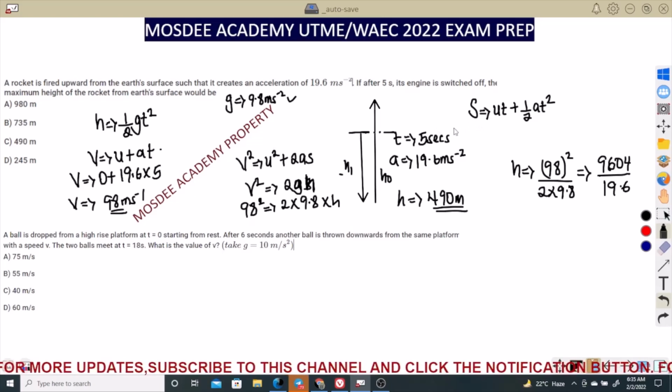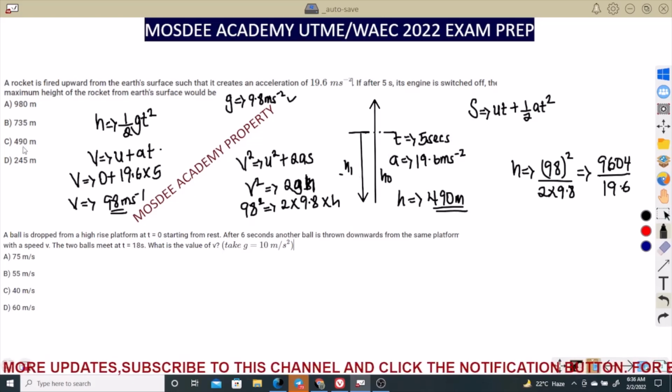So similarly, the distance covered at that point, like I said, you can calculate from h equals... because you have two heights now. That's the technicality in this question. You can see UTME is also very technical. This is 490 meters, which is not the answer.